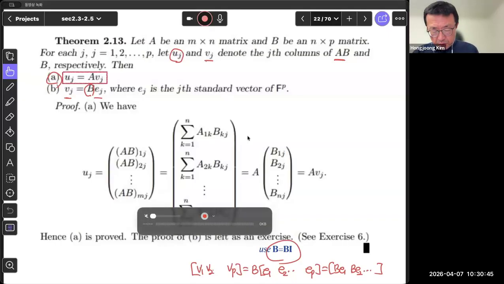Okay, we considered theorem 2.13 the other day.